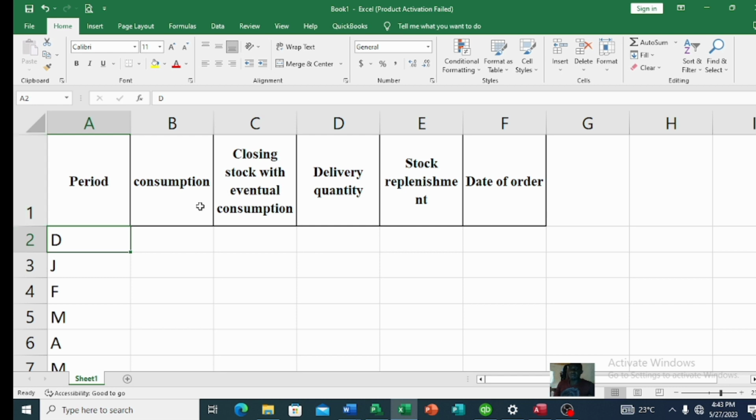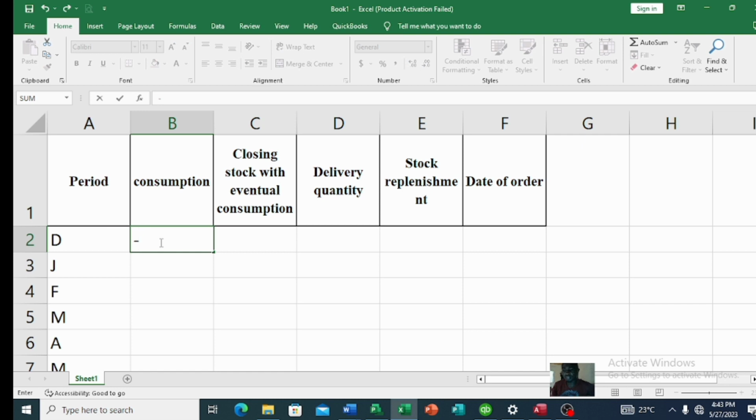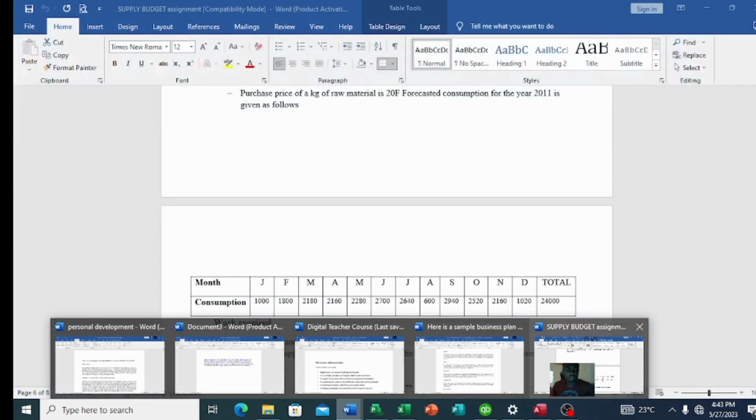The same table applies. As you know, for December there is the previous closing stock, meaning the closing stock for last year, so we are going to place it here. Last year's closing stock is 2,800 kilograms. The first thing is for you to determine the EOQ.